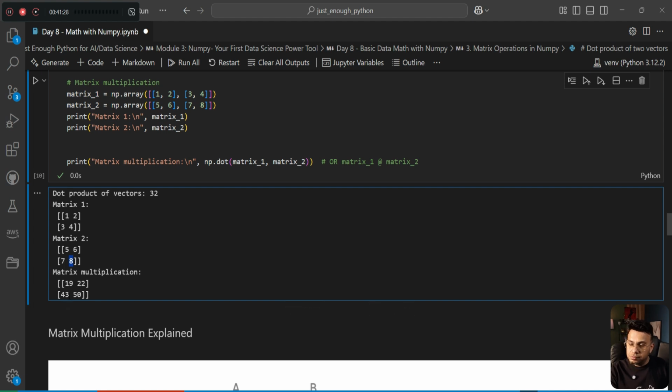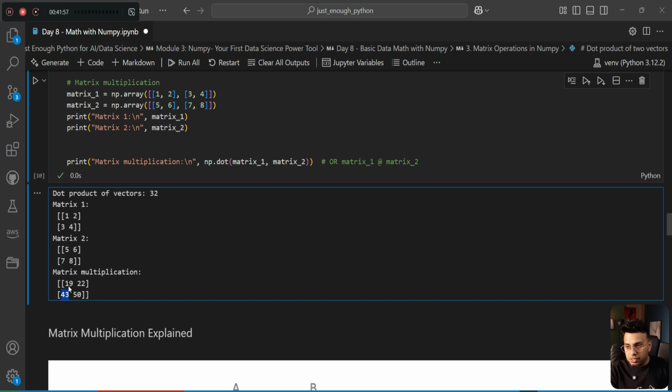Now, next one, 43. How do we get 43? For this, we will use row 2 of matrix 1 and column 1 of matrix 2. So row 2 is 3 into 5, that is 15. And then 4 into 7 is 28. 28 plus 15 is 43.